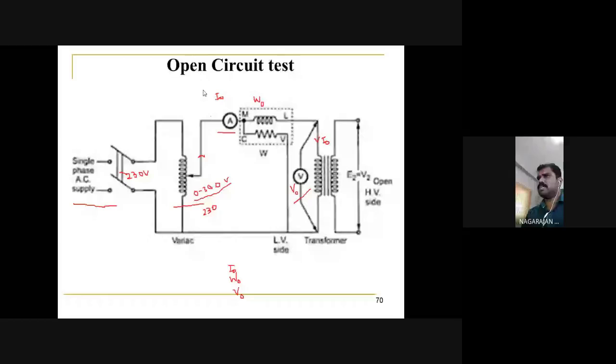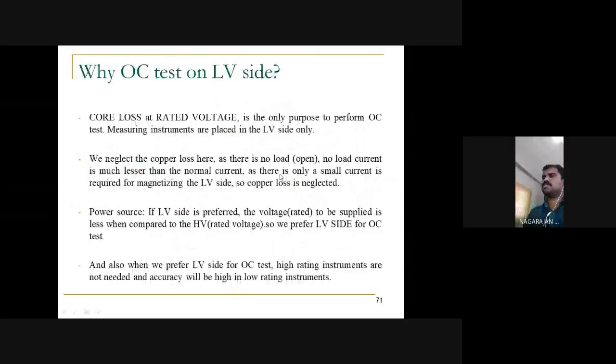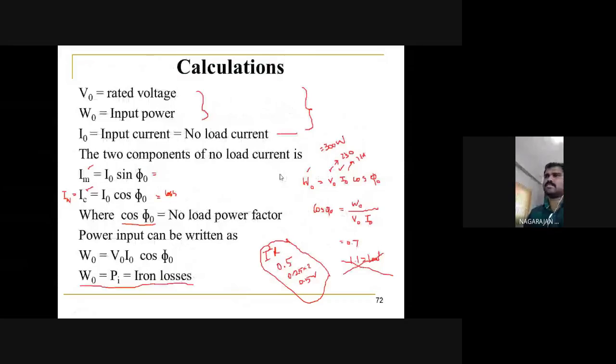We get three different data, which are I naught, W naught, and V naught, using these measuring instruments. With the help of those values, we find five different values: cos phi naught, the no load power factor; IM, the magnetizing component; IC, the working component; and R naught and X naught.